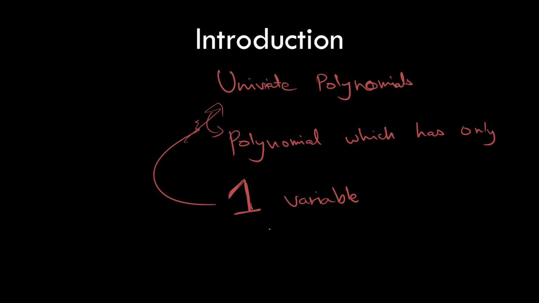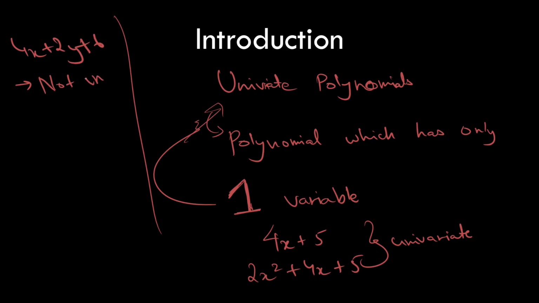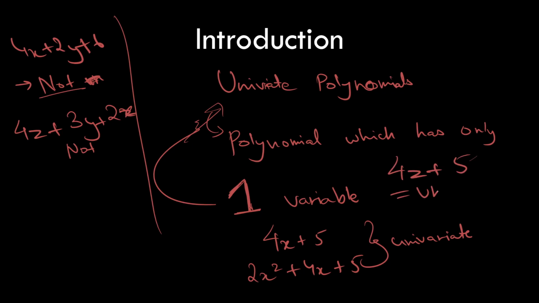For example, 4x plus 5 and 2x square plus 4x plus 5 are all univariate, whereas 4x plus 2y plus 6 is not univariate, and 4z plus 3y plus 2z plus 2x is also not univariate, but 4z plus 5 is univariate.